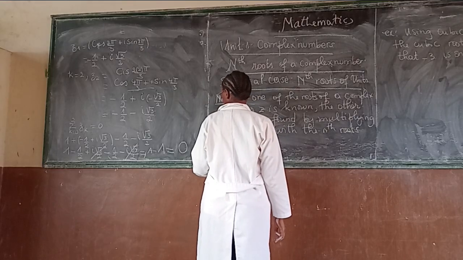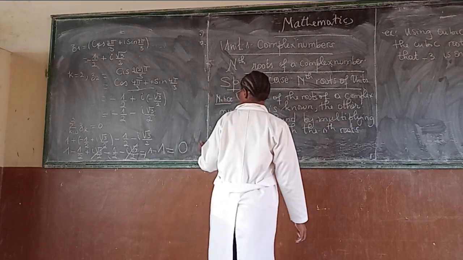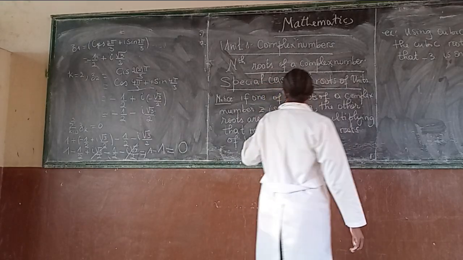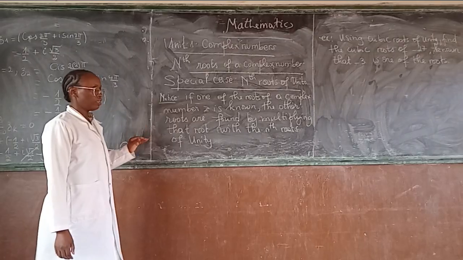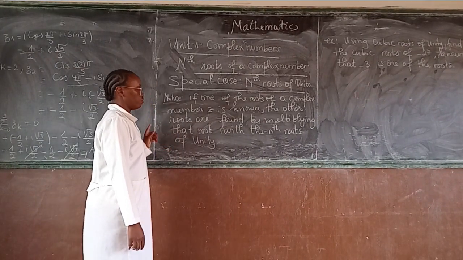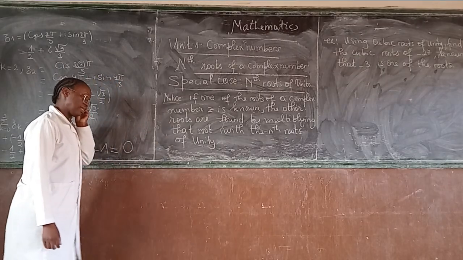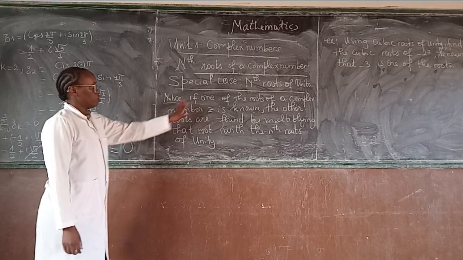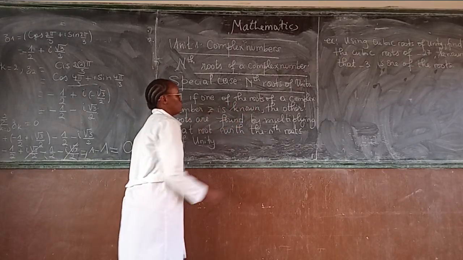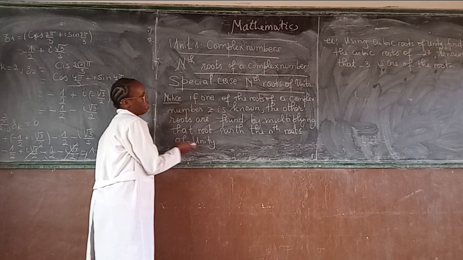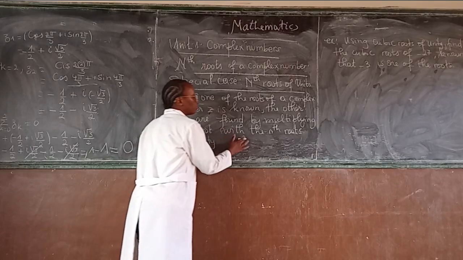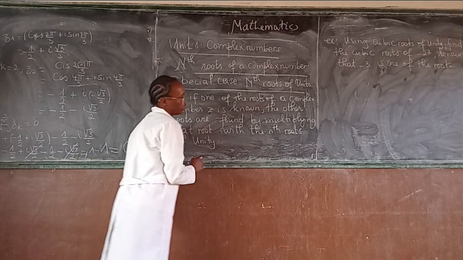So we continue again. From that, you have tried to find the cubic roots of unity. As we have said, we can use the nth roots of unity to find the roots of another complex number. So if one of the roots of a complex number z is known, the other roots are found by multiplying that root with the nth roots of unity.